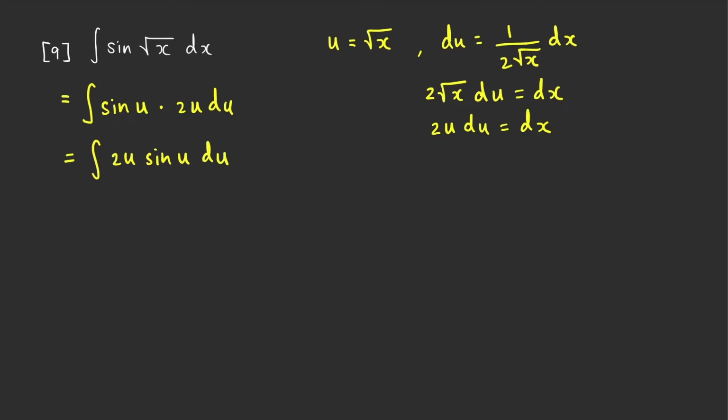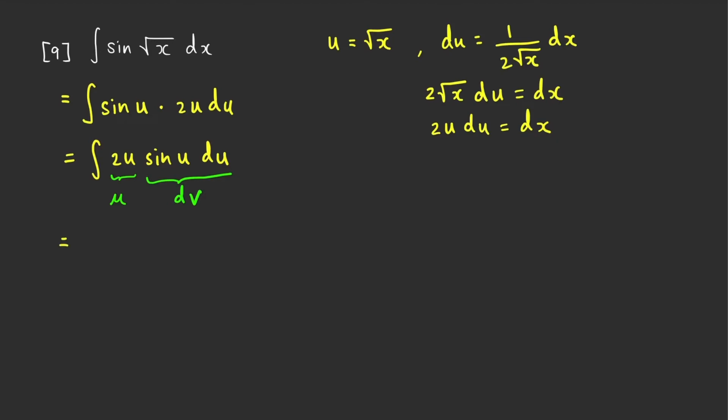Just by looking at the form of this integral, we have to do integration by parts. So if we let this be our, let's say, mu, because we already used u here, and then this one here as our dv. So it's like the integral of mu dv. This is equal to, by integration by parts, mu v.